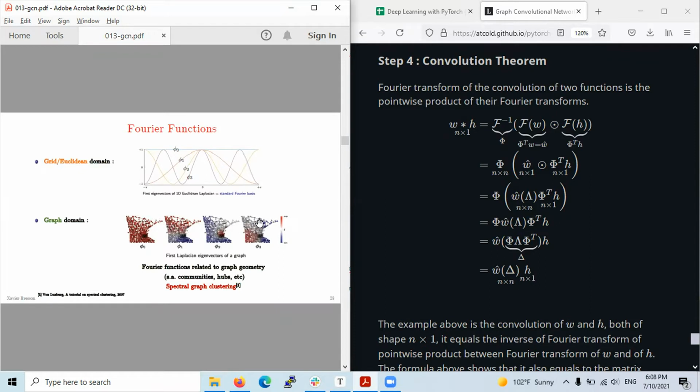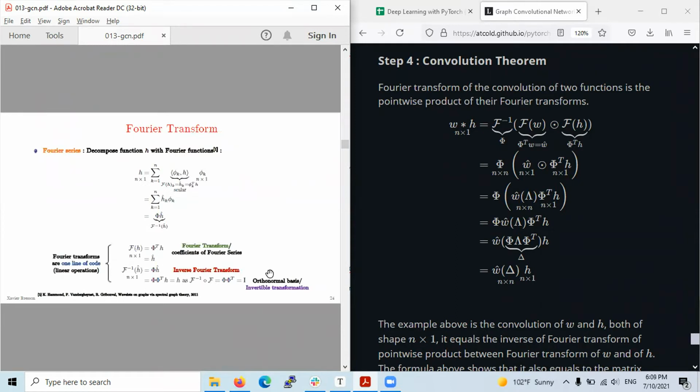As you increase the frequency or the eigenvalues, all sorts of amplitudes start appearing for different sets of nodes in the graph. So this is what we have done, a brief summary of that.